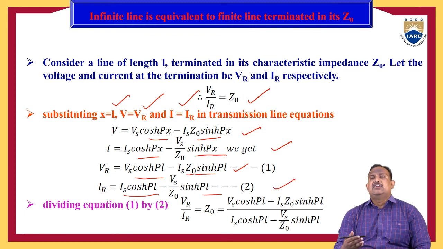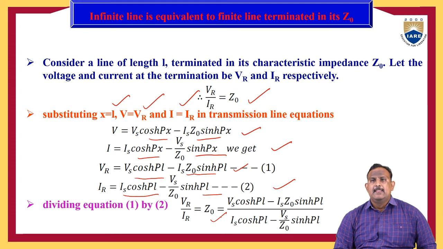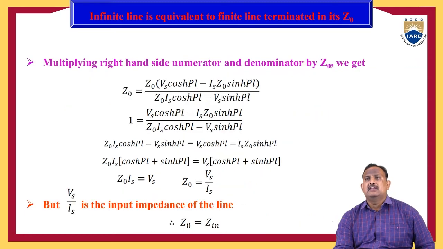Now, if we divide equation 1 by 2, therefore VR by IR, which is known as the impedance Z0, is equal to Vs cos hPL minus Is Z0 into sin hPL by Is cos hPL minus Vs by Z0 into sin hPL.